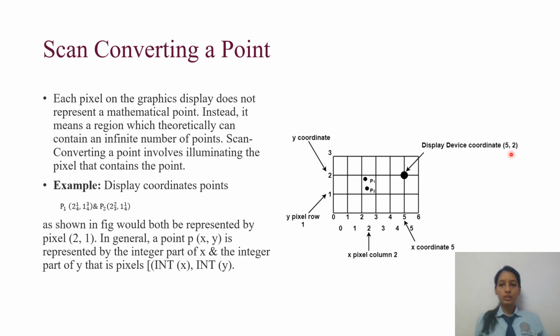The display device coordinate 5, 2. This point is displayed on the pixel coordinate 5, 2. As shown in the figure, both would be represented by pixel 2, 1. In general, a point p(x, y) is represented by the integer part of x and the integer part of y, that is the pixel (int x, int y).